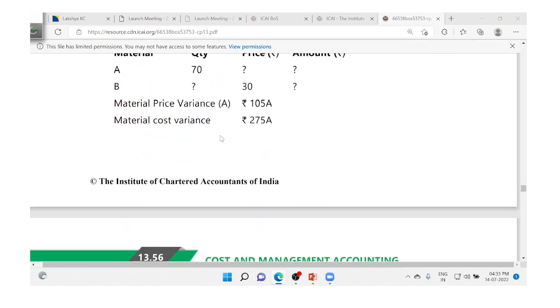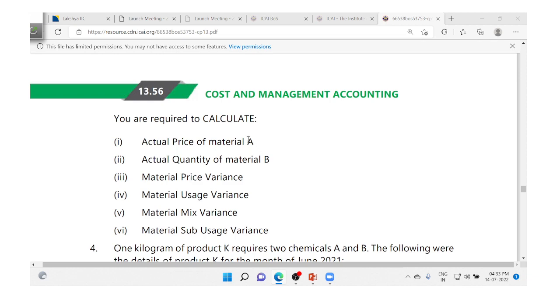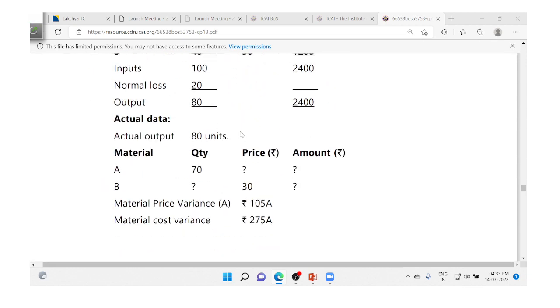Material sub-usage and yield should be the same. Yes, they use multiple names for the same thing.